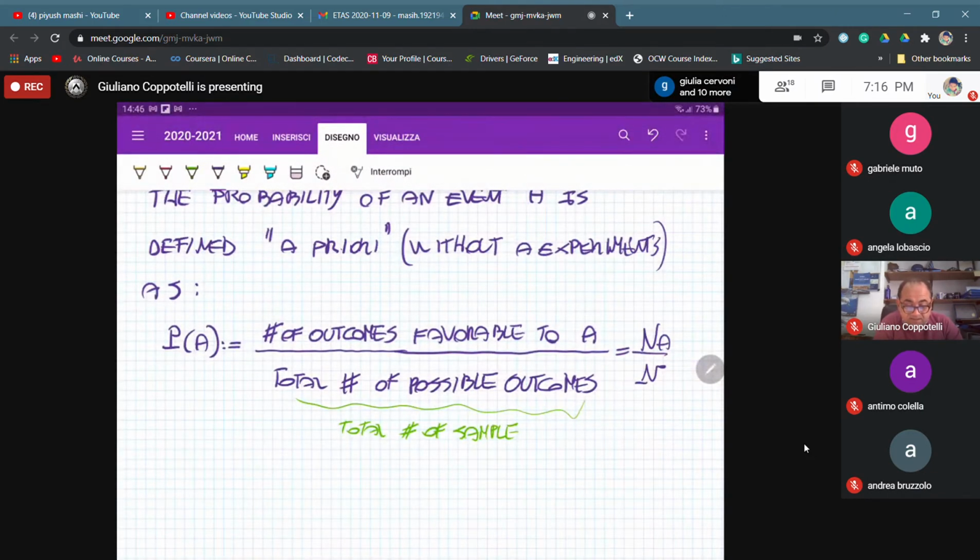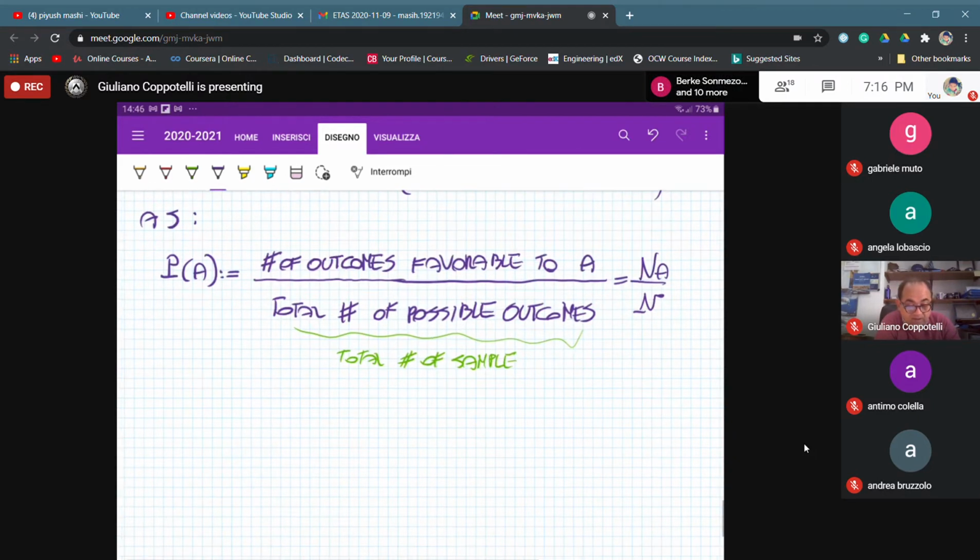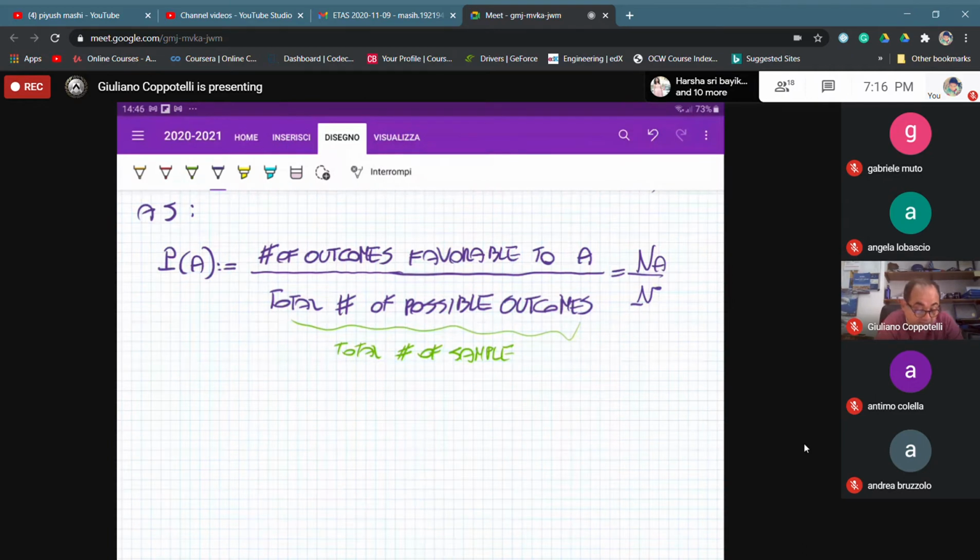Now, of course, this is a priori because we are not taking any experiment at all. We are just predicting what could be the probability of such an event. Now, let's assume that we have available a number of samples that is very, very large compared to our actual number of outcomes.